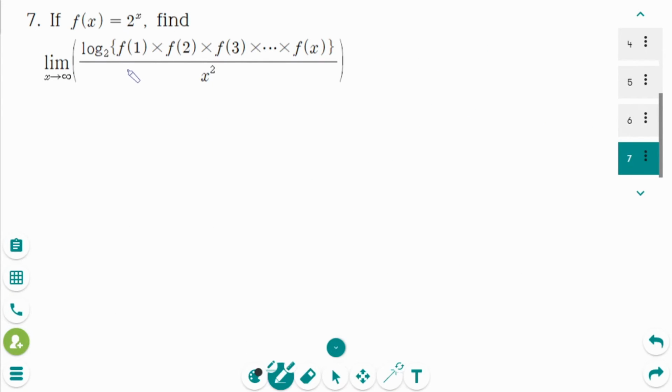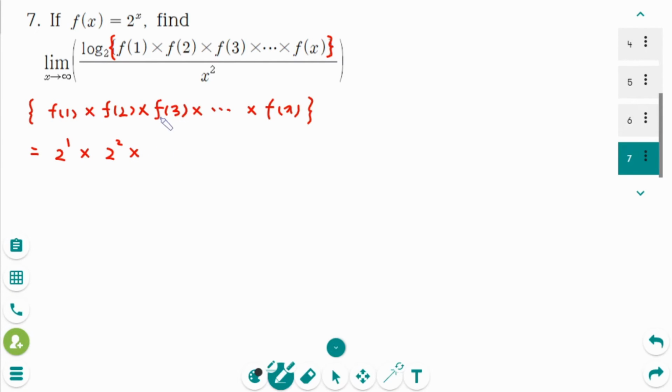This is the last question. Here we have to start inside this inner bracket, this one. When fx is 2 to the power of x, so f1 equals 2 to the power of 1 times f2 equal 2 squared times f3. 3 is here, so 2 cubed.